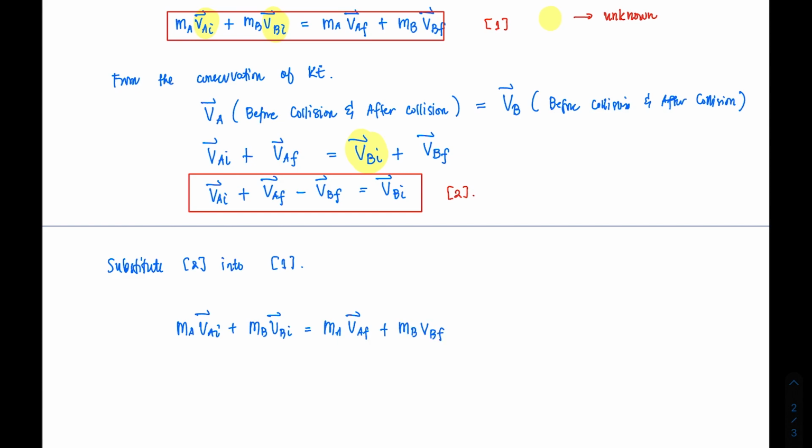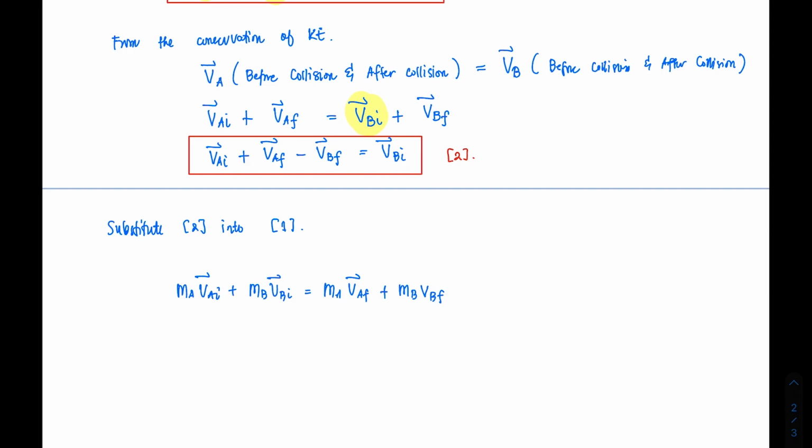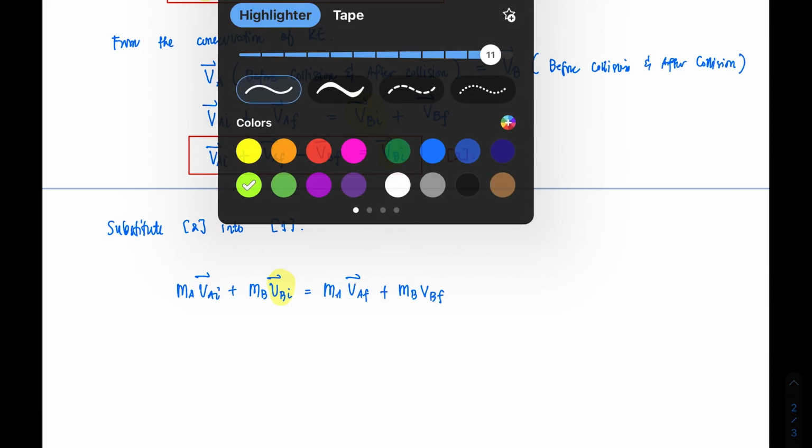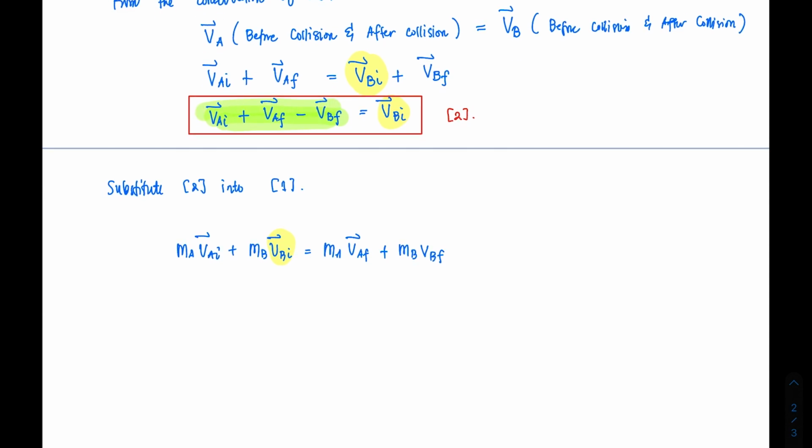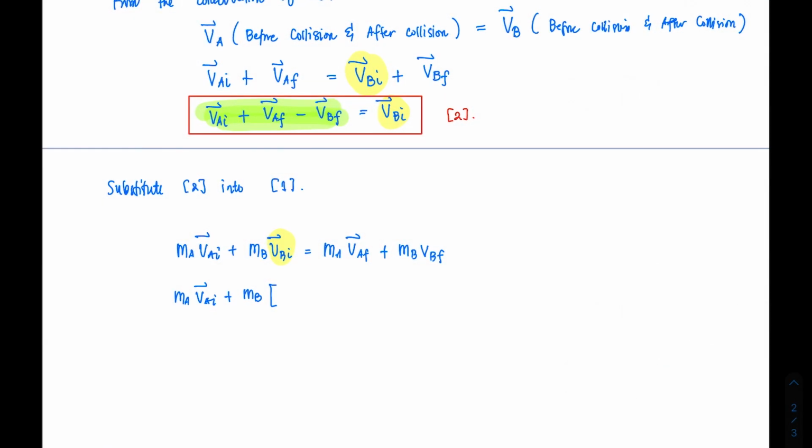Alright, so if you look over here, this VBI is equal to this one. So I can just simply substitute all of these things or variables over this VBI. So when I do that, I will have MA VAI plus, you need to be very careful with the subscript as well as the signs. So MB, now VBI is just, sorry, I should have set that into do not disturb.